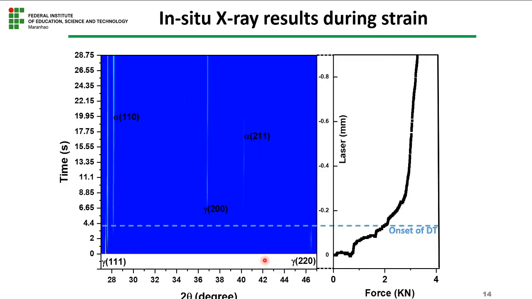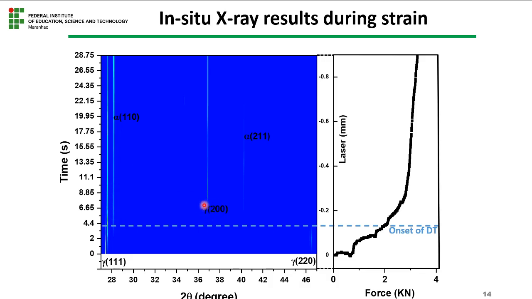So as we apply the strain, we have this interesting result. One can see that this is the time scale, because we used approximately 30 seconds to complete the 0.3 strain. Here is the laser movement, the displacement, and here is the force. As you can see here, you have austenite, and here you start to form ferrite. As time goes by and the straining continues, the ferrite phase becomes more intense.